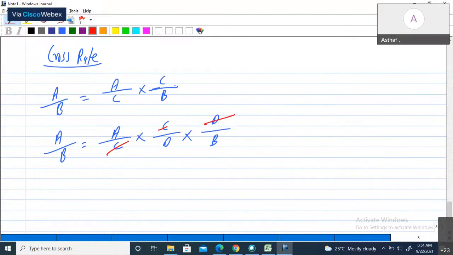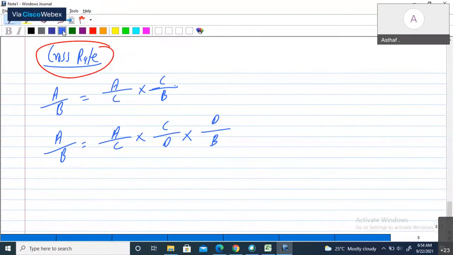The only point is that this item should be the start and this should be the end. Then you can cross multiply. So you got it. Now you want to know cross rate for bid and ask. This is what is called cross rate.